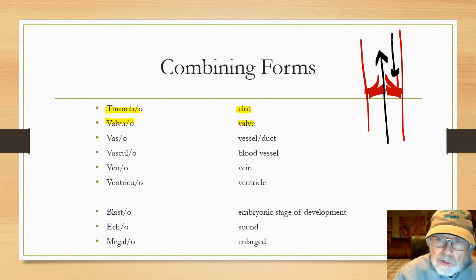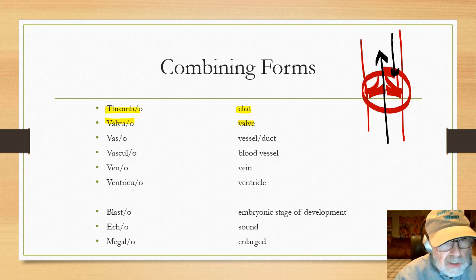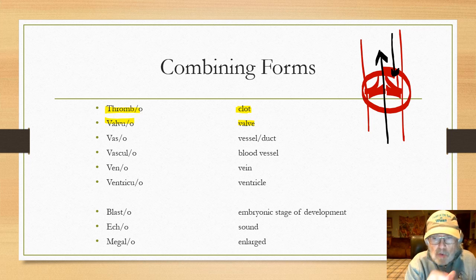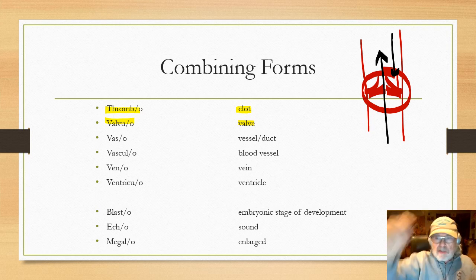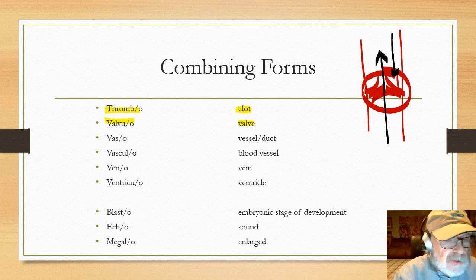Those valves are really important in the legs to make a one-way flow from the feet, because taking blood from the feet back up to the heart is against gravity. That defies the laws of nature. But what actually happens is the muscles squeeze the veins and force the blood up the column, and when the squeezing stops and the blood tries to come down, these valves close. When those valves don't close, we see what are called varicose veins. I'll talk about that a little bit later. Okay, vaso means a vessel or duct.